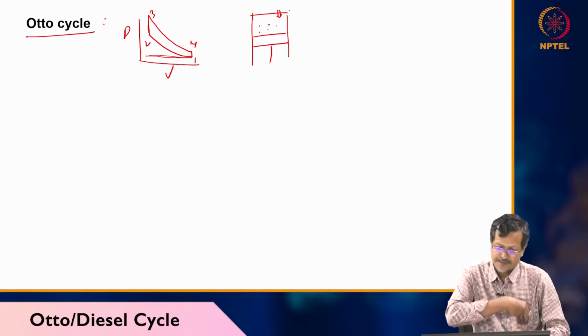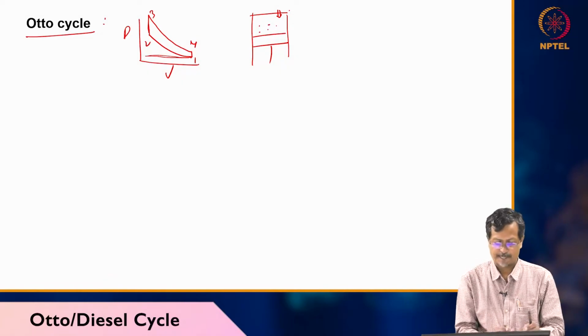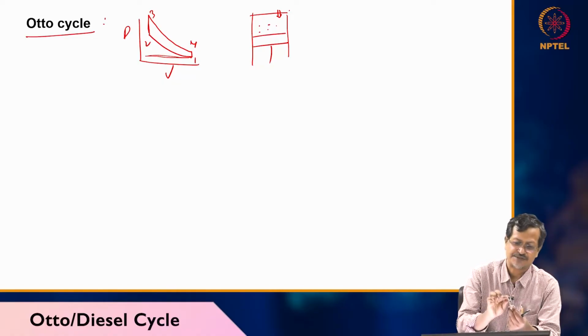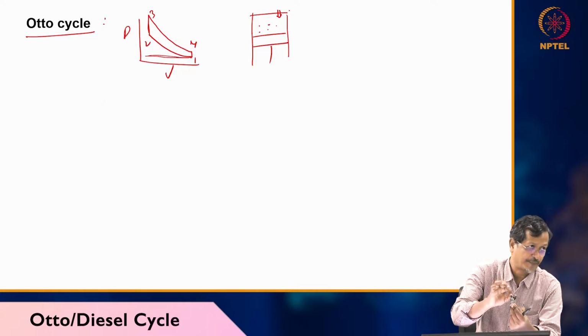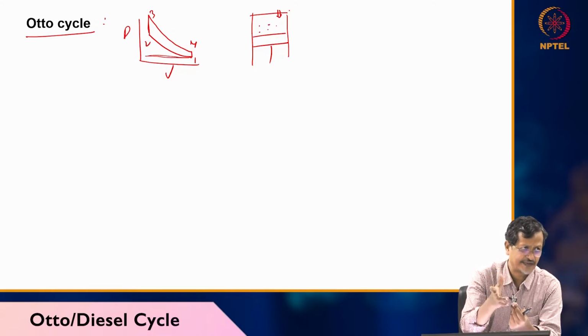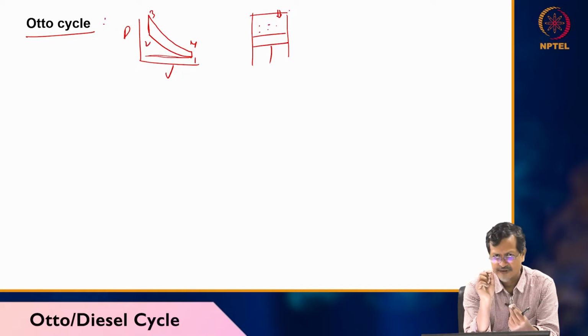So I got one spark plug, actually I can show you how it works. If you put a positive electrode here and a negative here, because of the small gap and if you apply very high voltage, a small spark will be created. Spark means a very high amount of energy it will be releasing. Because of this high energy, and combustible fuel and air mixture is nearby, some particles will be burnt.